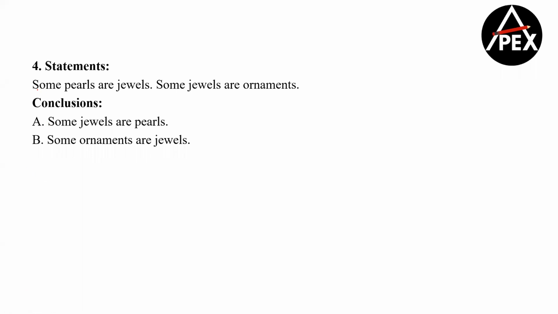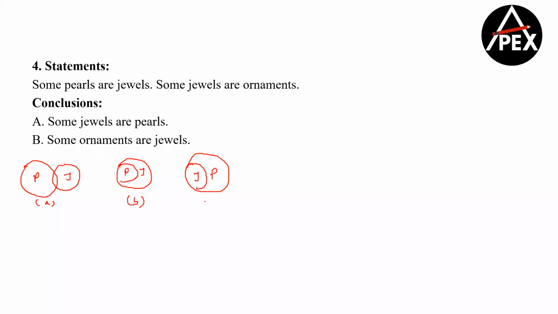So this is my statement one. Some pearls are jewels. So let me say first diagram, pearls, jewels; pearls, jewels; pearls, jewels. Okay. So A, B, C. Next word, some jewels are ornaments.